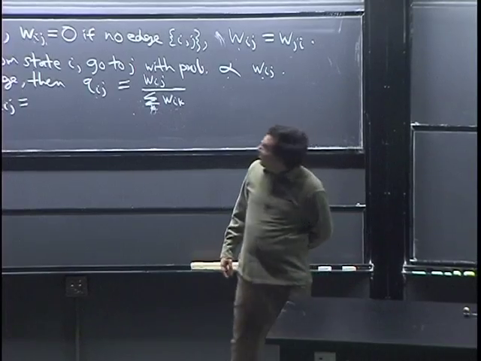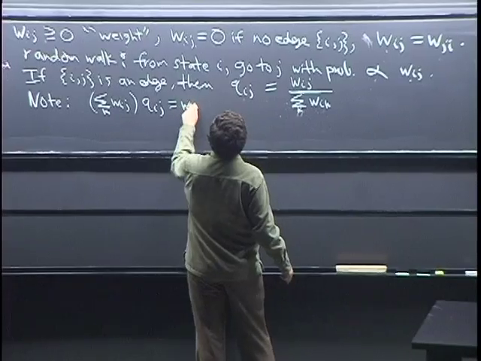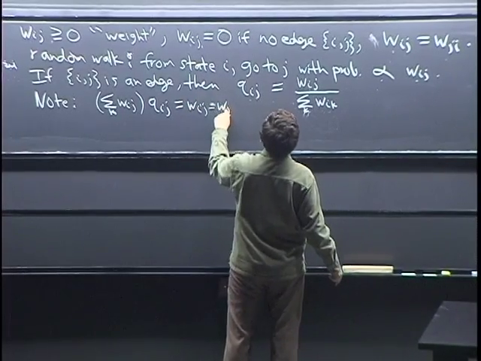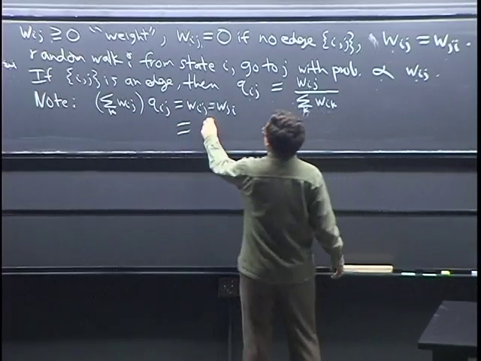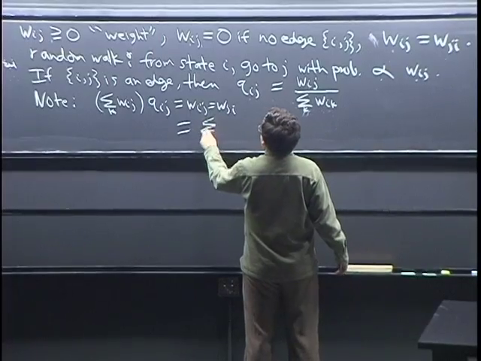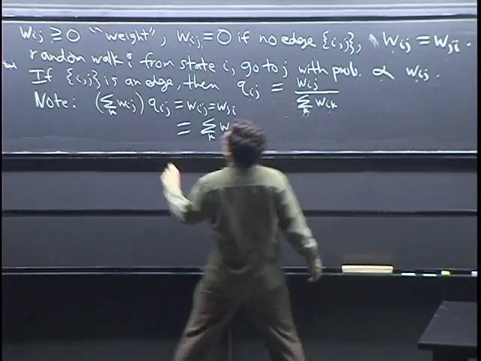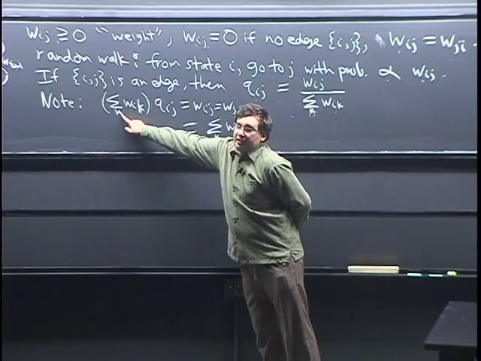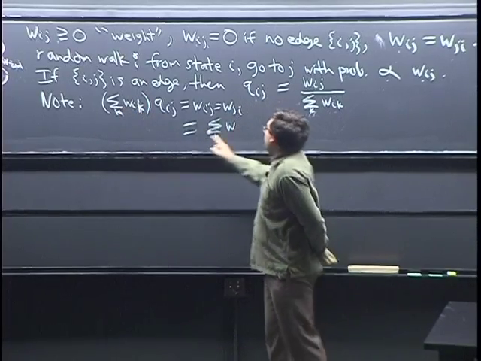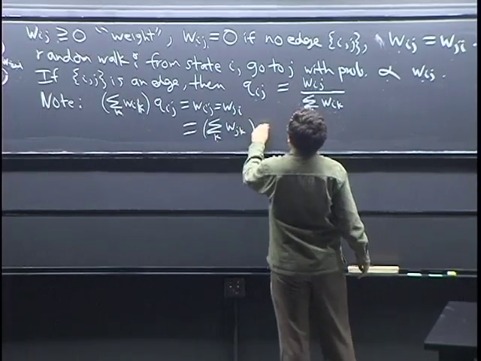Okay. That's Wij, but by assumption, Wij equals Wji. So that would be the same thing as if we did it the other way around and did the sum over all k of Wjk Qji. Here k is a dummy variable, we're summing over all k, Wik here, and over all k Wjk Qji there.